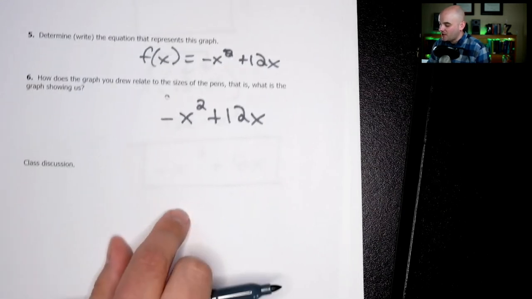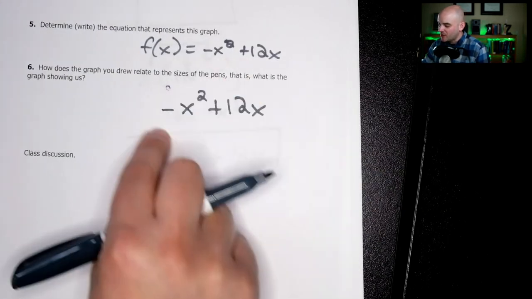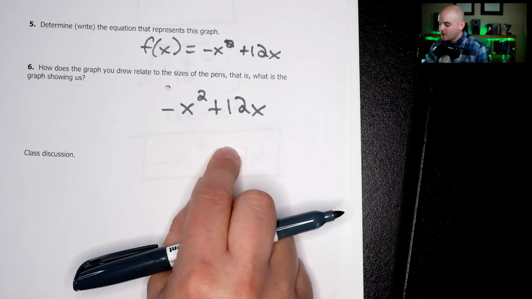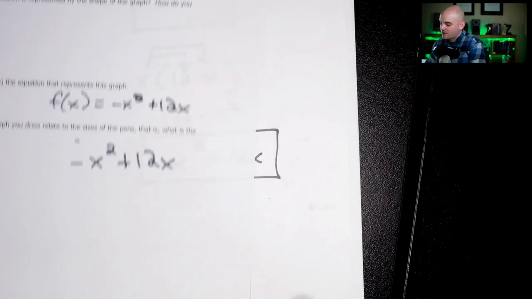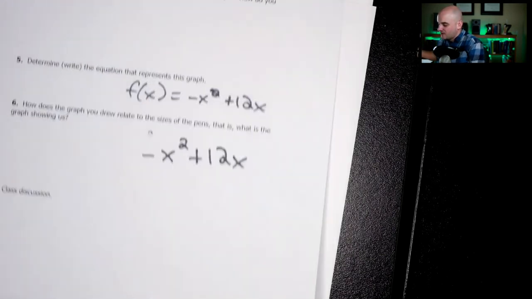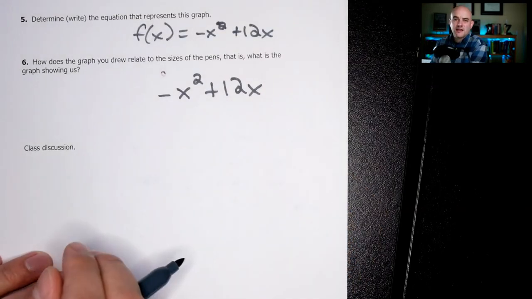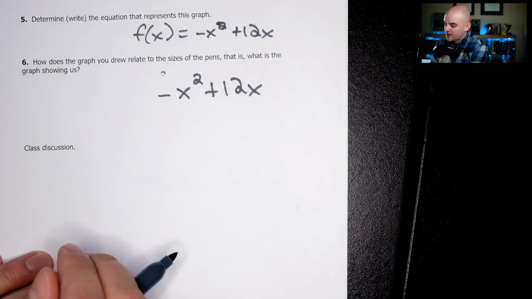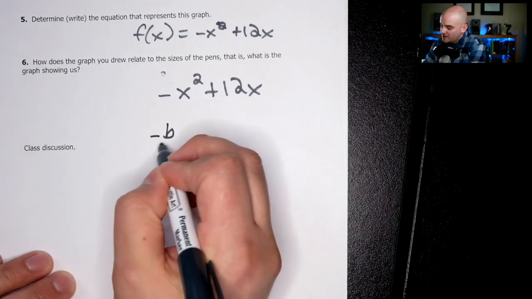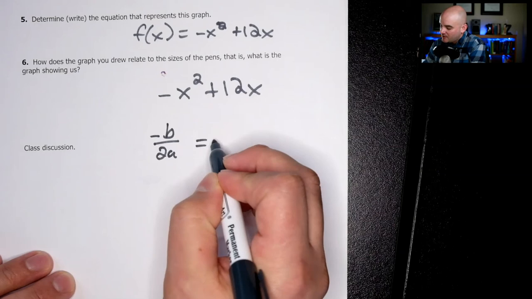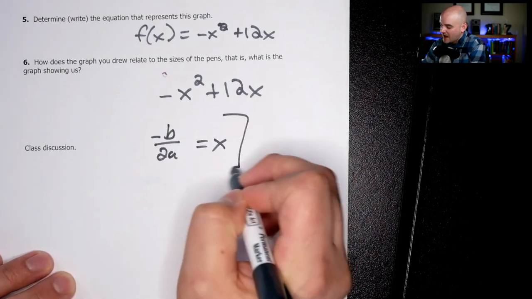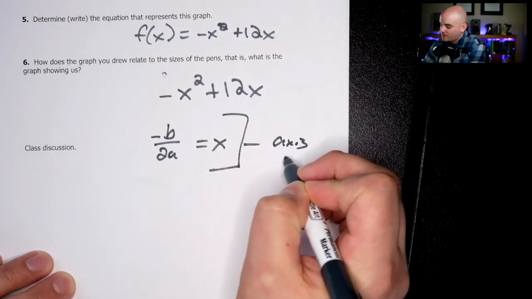But I want to know, how do we come up with it from the equation? And so that's when we're going to go back to that last video we did. We talked about using a quadratic formula to find the axis of symmetry and the vertex. Let's go ahead and do that. Let's use that negative b over 2a. That equals x. That is our axis of symmetry, right?